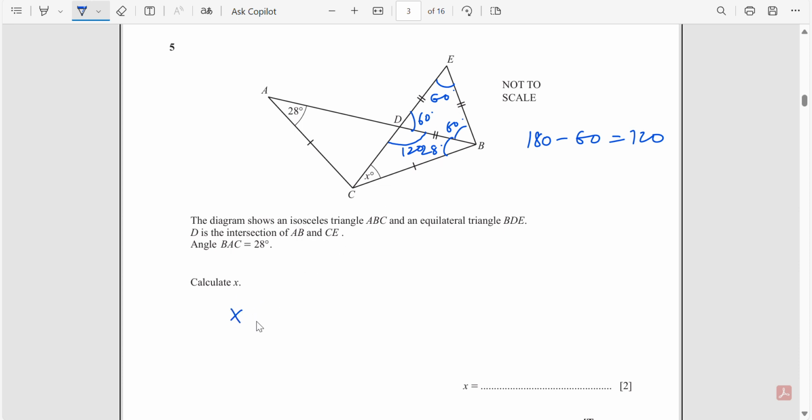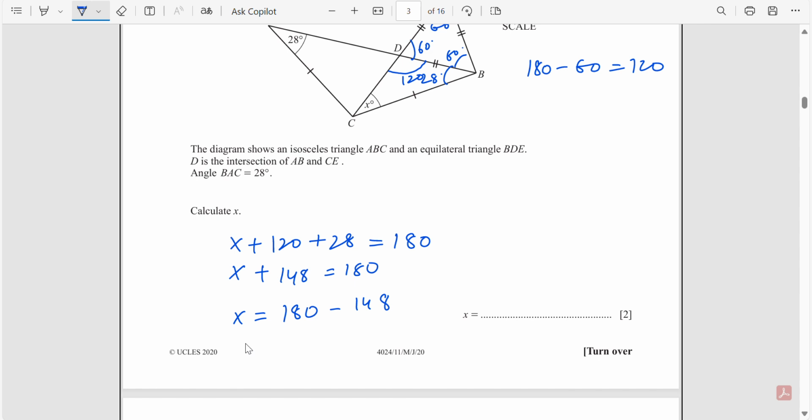So x plus 120 plus 28 must equal 180. From here we get x plus 148. Then to find x, you will take 148 to that side. And from here you're going to get 180 minus 148, which gives us 32.